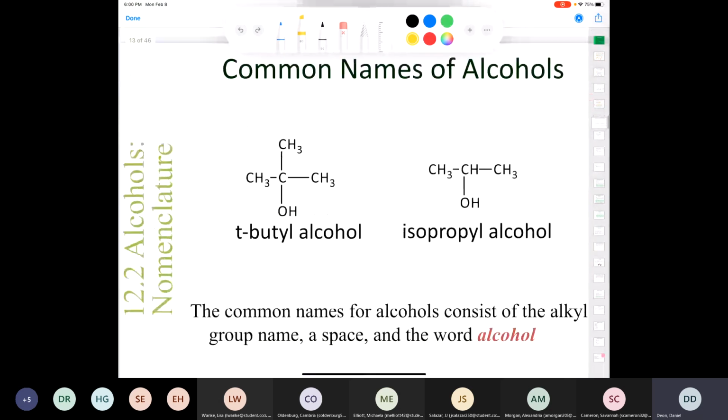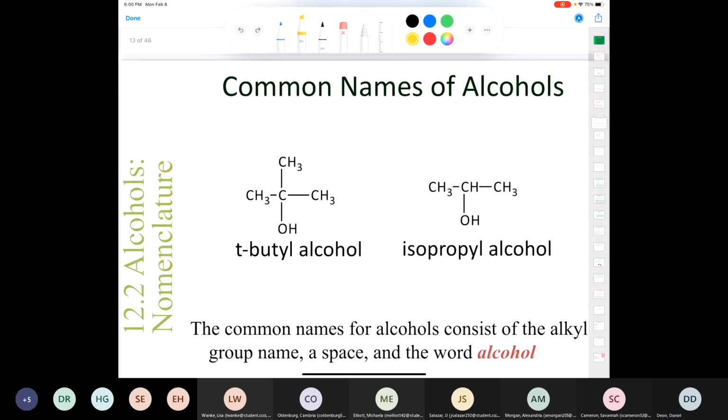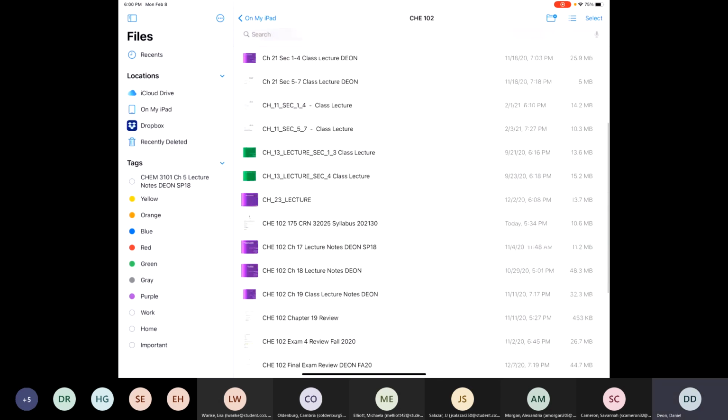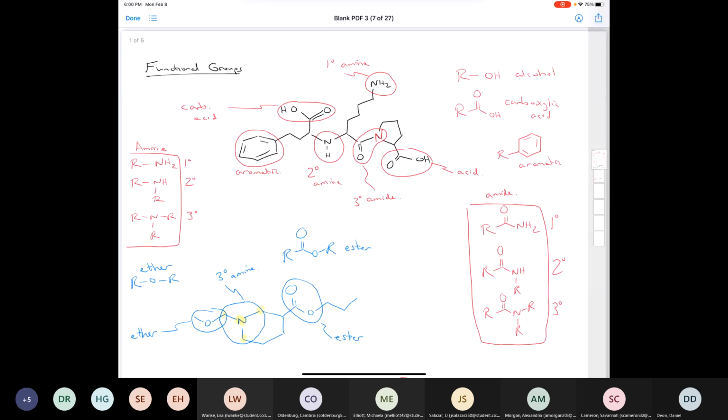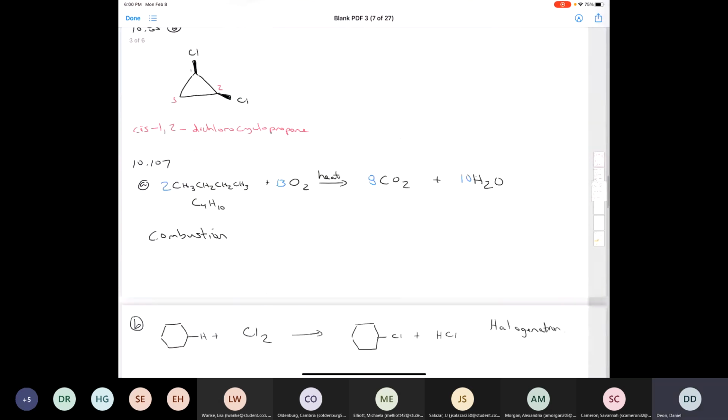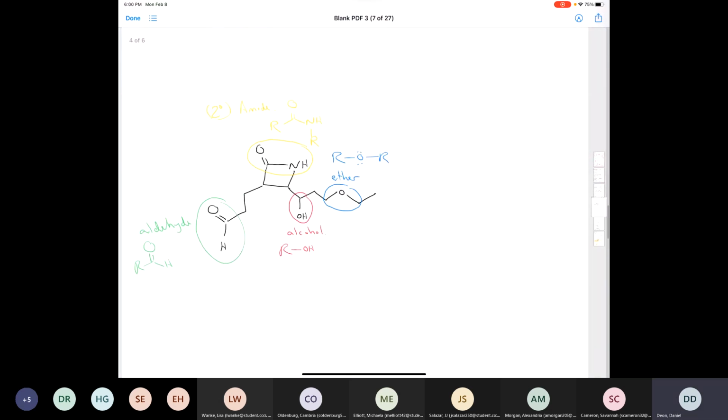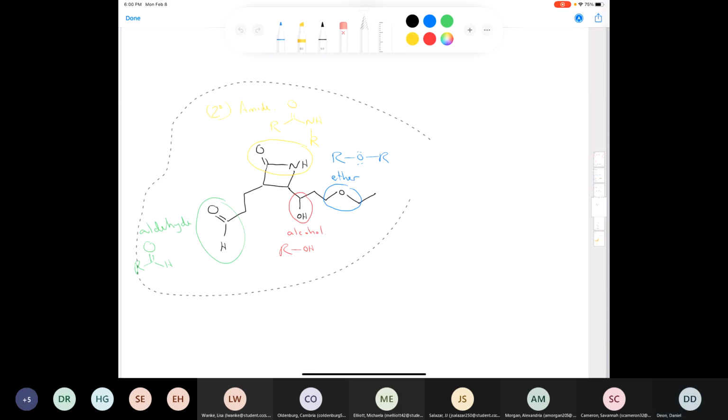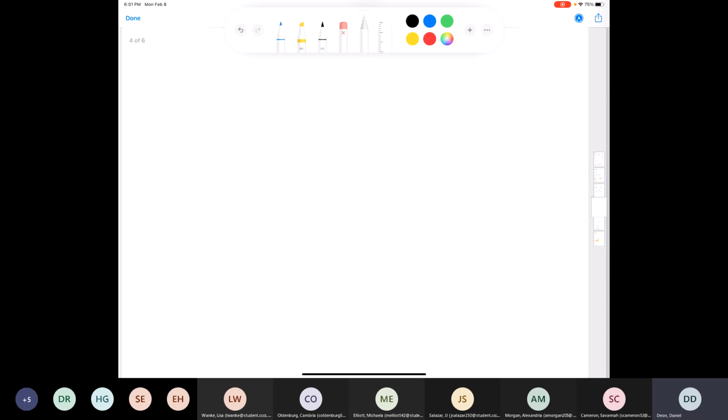Well, with that in mind, let's try a couple of practice problems just for fun. Let me delete that. There we go. What if I had something that looked like this? It's an iodine.